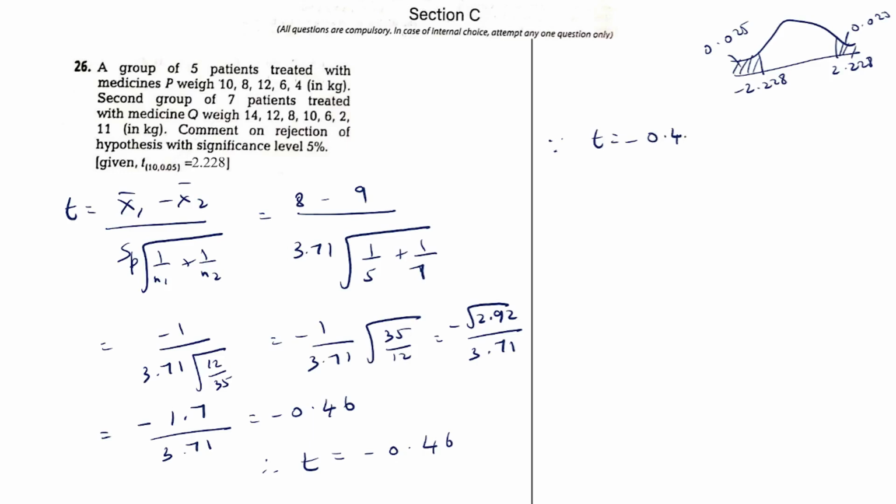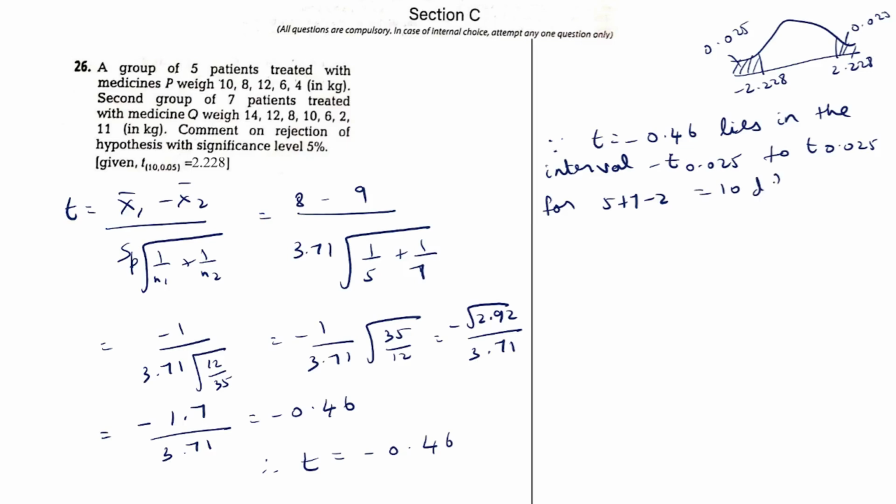Since T equal to minus 0.46 lies in the interval minus T 0.025 to T 0.025 for n1 plus n2 minus 2 equal to 10 degrees of freedom, that is minus 2.228 to 2.228, we accept H0.